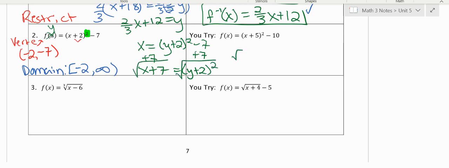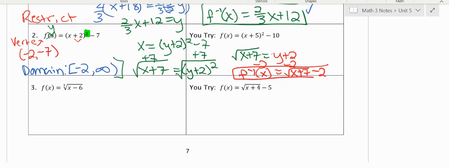And so when we square root it, I don't need to put a plus or minus because we restricted the domain, and that's why we did that. So instead of having a plus or minus, like you normally would with solving an equation, I don't have to put that now. And I'm going to subtract 2. And so my inverse is going to be the square root of x plus 7 minus 2. And that's it.